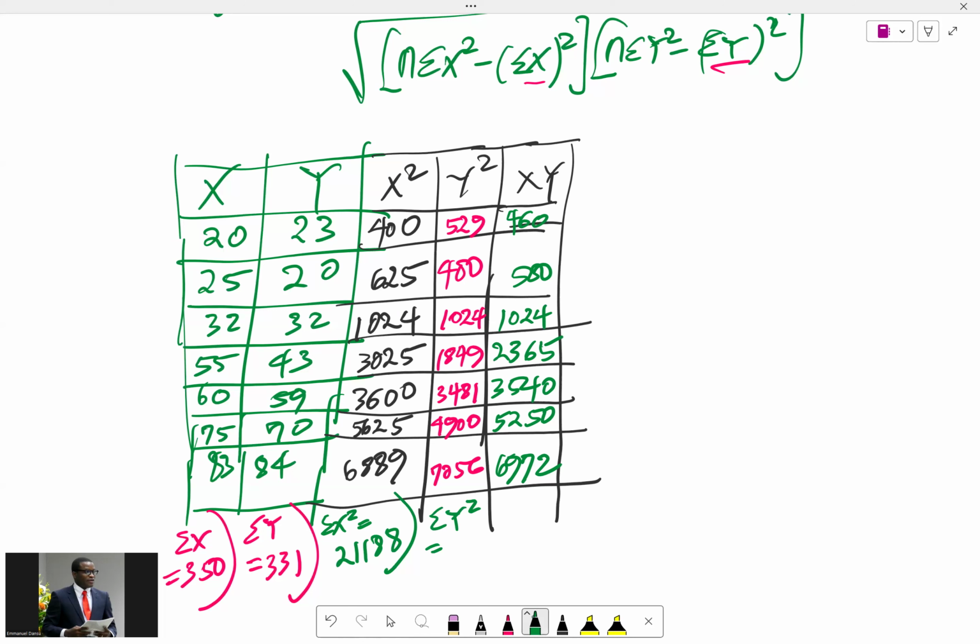So I check that again: 529 plus 400 plus 1024 plus 1849 plus 3481 plus 4900 plus 7056. That is 19239.